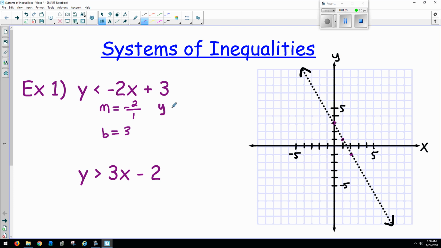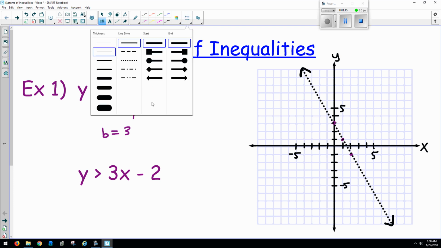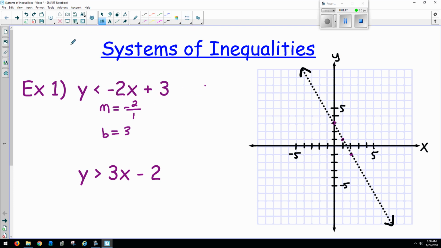So we're always going to start with the original inequality. So I'm going to check the point 0, 0 in our original inequality. So I'm going to substitute 0 for x and y.